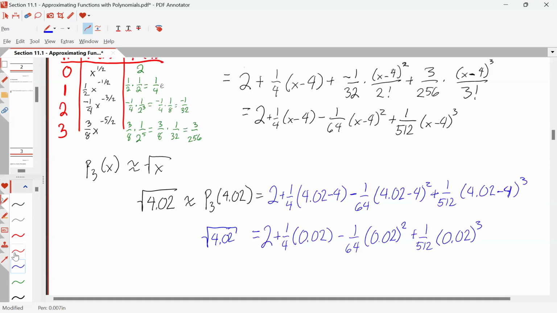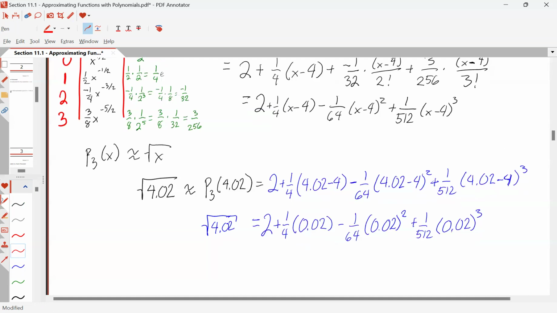Again, on an assessment without a calculator, when asked to approximate, this would be simplified enough.